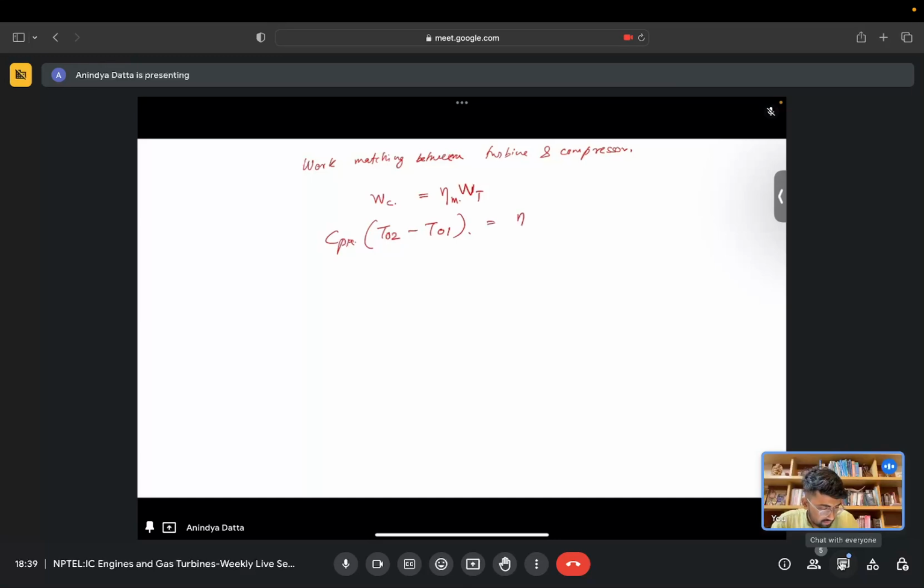And this is equal to eta mechanical, let's say eta mech, times the work done by the turbine. Here we have to take the Cp of gas, the exhaust gas, because the working fluid is exhaust gas here. Cp of exhaust gas times the temperature difference, that is T03 minus T04.